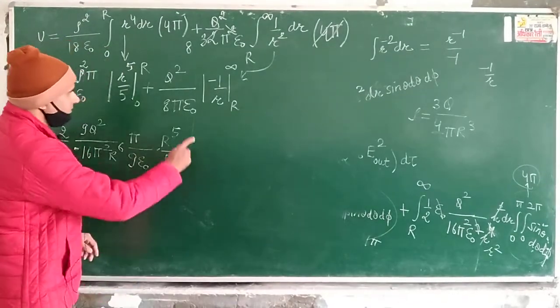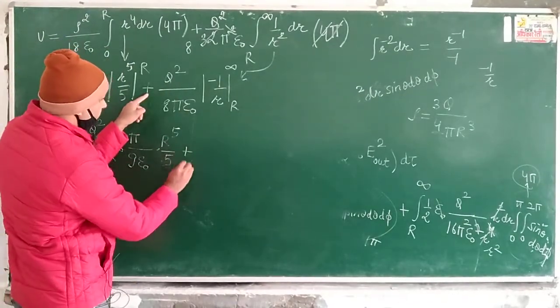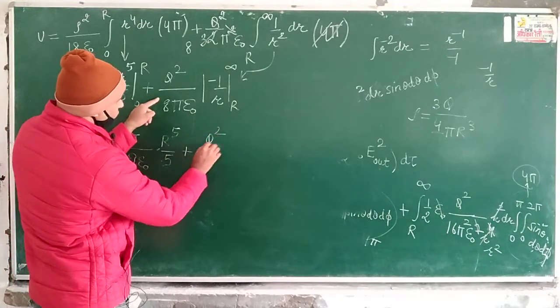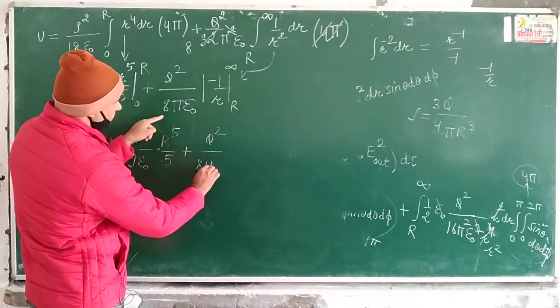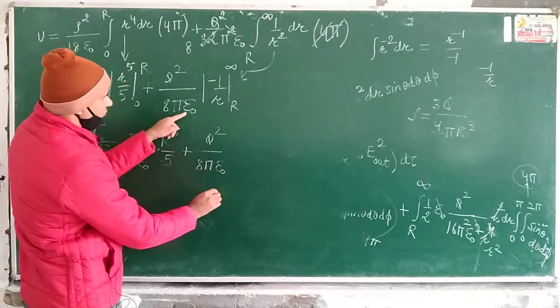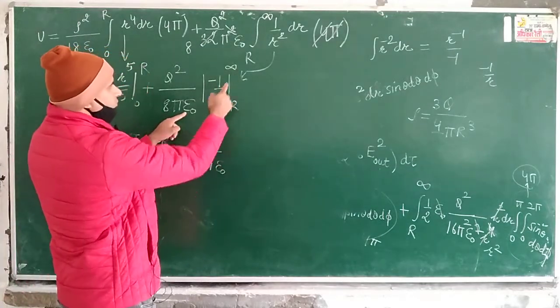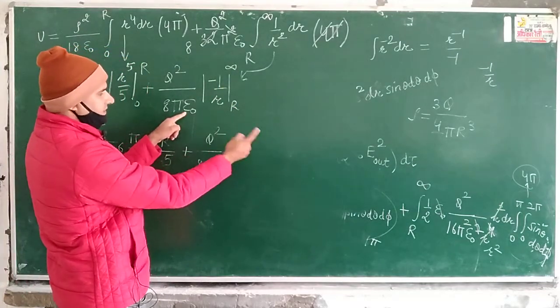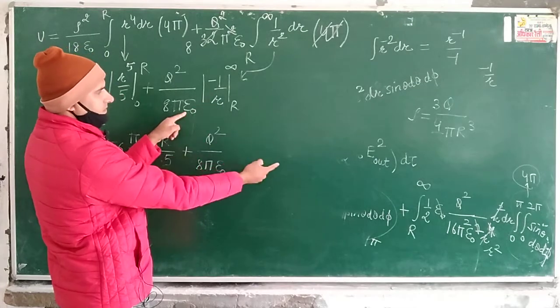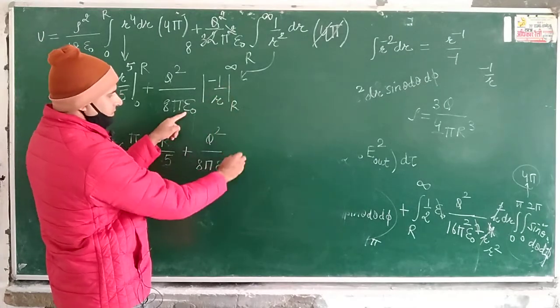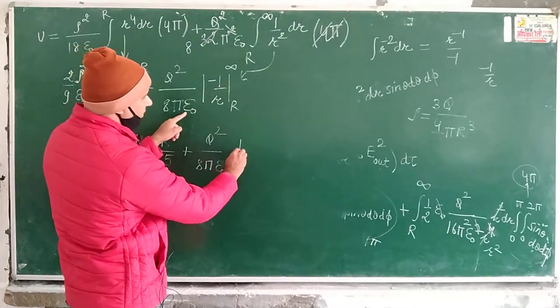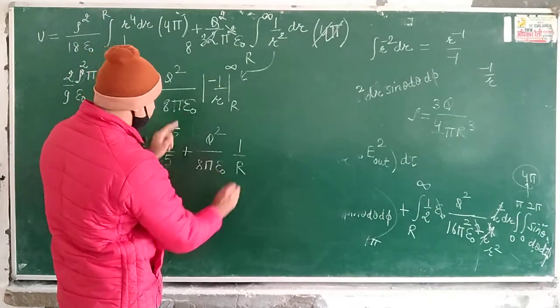So here now we will solve it, and then we will get q square by 8 pi into epsilon node, and then if you put infinity here, 1 by infinity will be 0, and minus minus is plus, then 1 by r, so here you will get 1 by r only, and that will be positive.